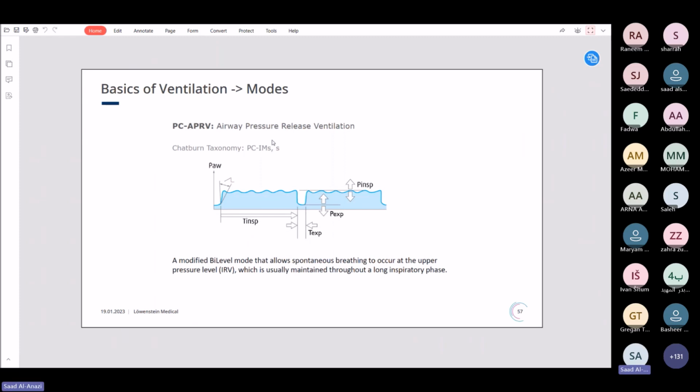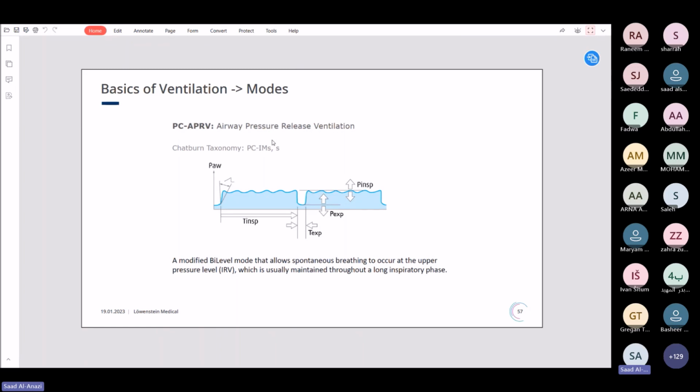Okay, so as we know, we also have advanced modes. In ELISA 800, we don't have a high frequency modality. We have it only in our other ventilator, the Leoni Plus high frequency, which is the lecture tomorrow.